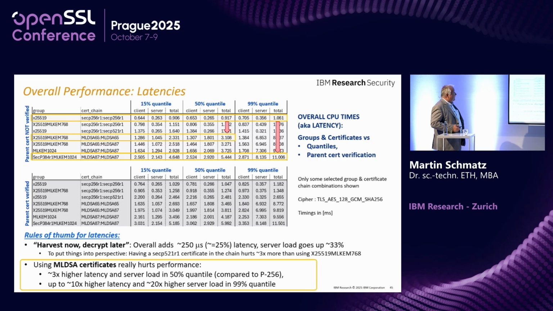On the other side, if we add now the certificates, I mean, they really have an impact. So you can see that in the 50% quantile already, we talk about like 3x higher latency and server load, but it can go up, thanks to this resampling thing, all the way to 10x higher latency and 20x higher server load in the 99% quantile.